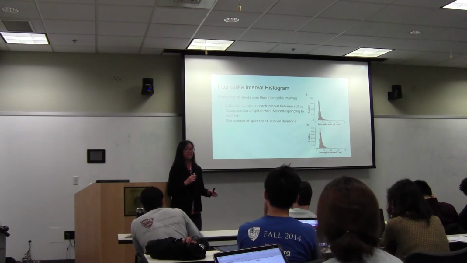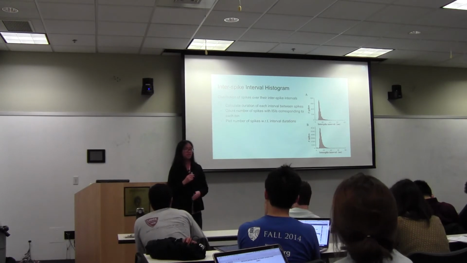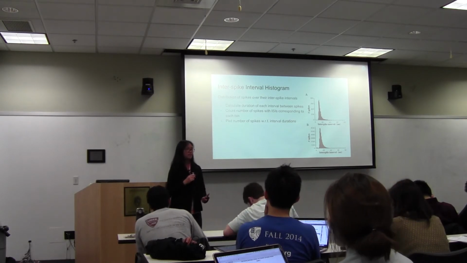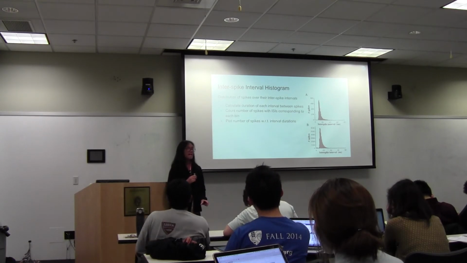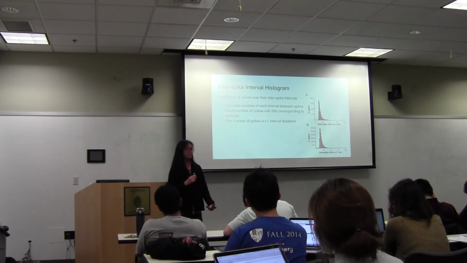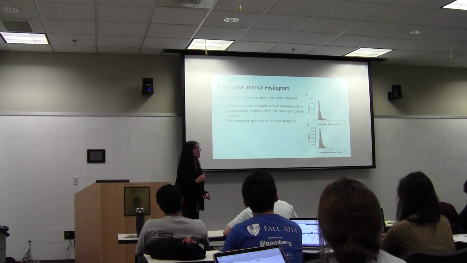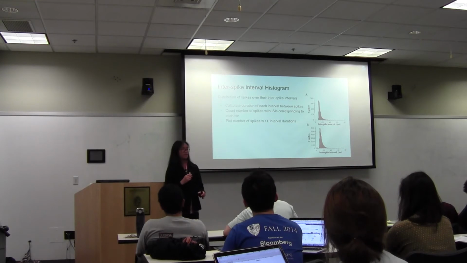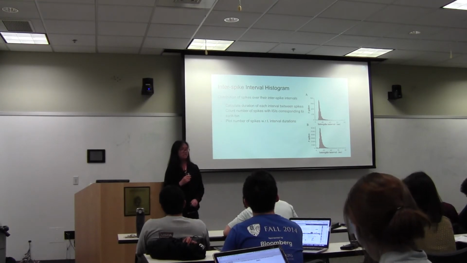So if you have a spike at 11 and a spike at 20, you're going to have an ISI of 9. And so you're going to calculate all of those interspike intervals and then tally those up and plot them. So this time you have number of spikes on your y-axis and your interspike interval, which is in terms of time, on your x-axis.